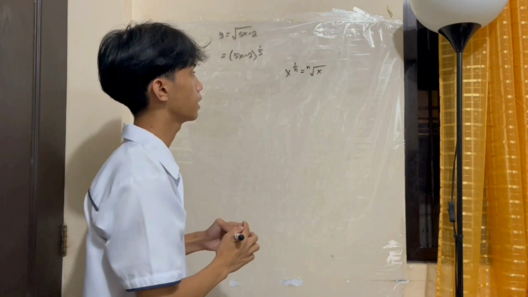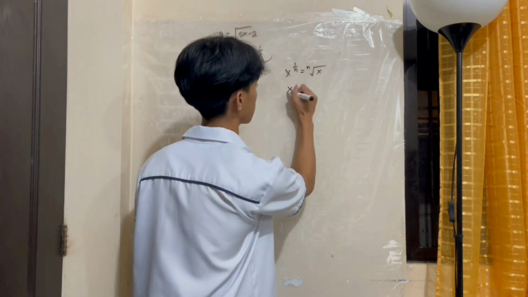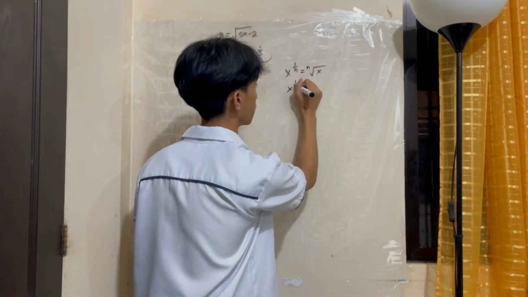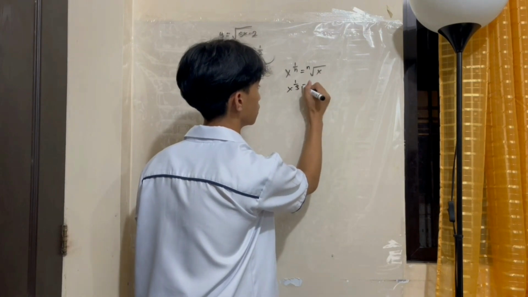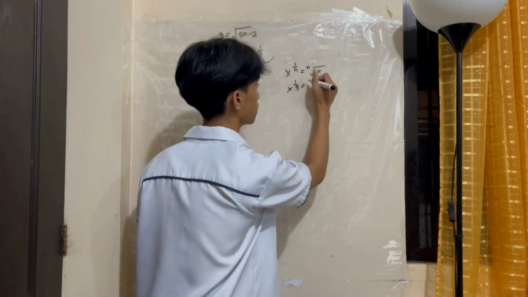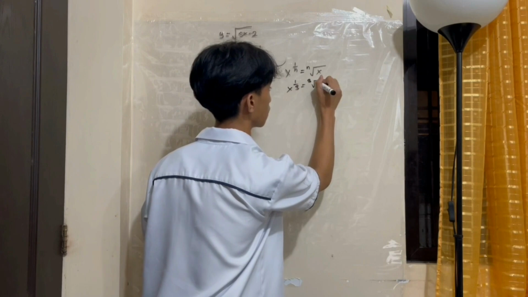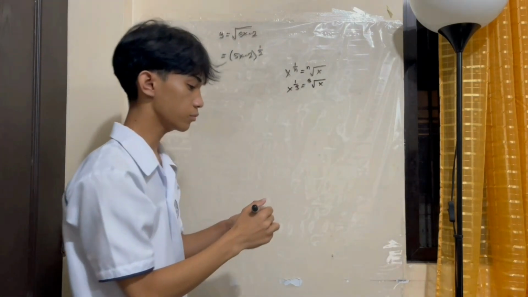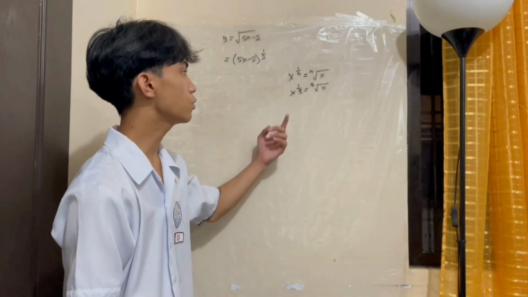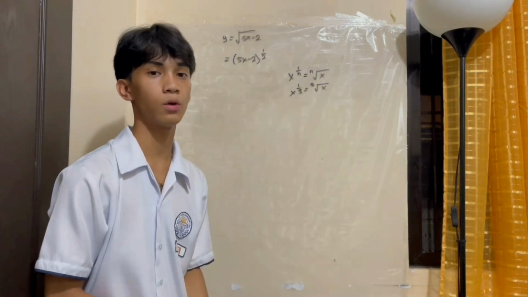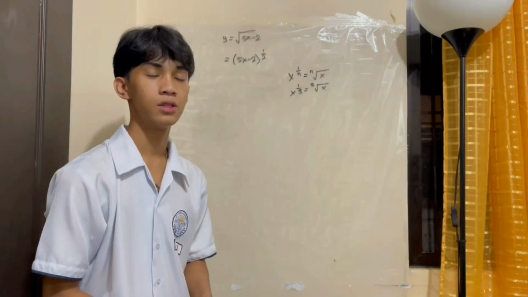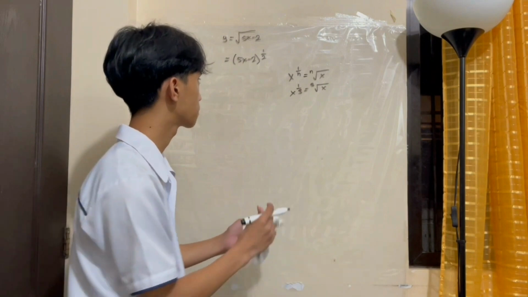So let's give another example, which is x raised by 1 over 3. So this one is equals to the cube root of x. So this is one of the rules that we should follow when using chain rule. So let's go back to our topic.